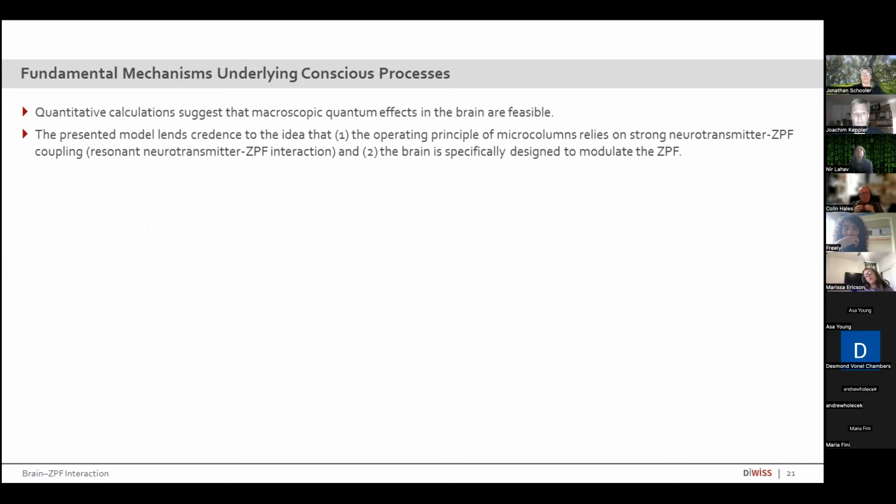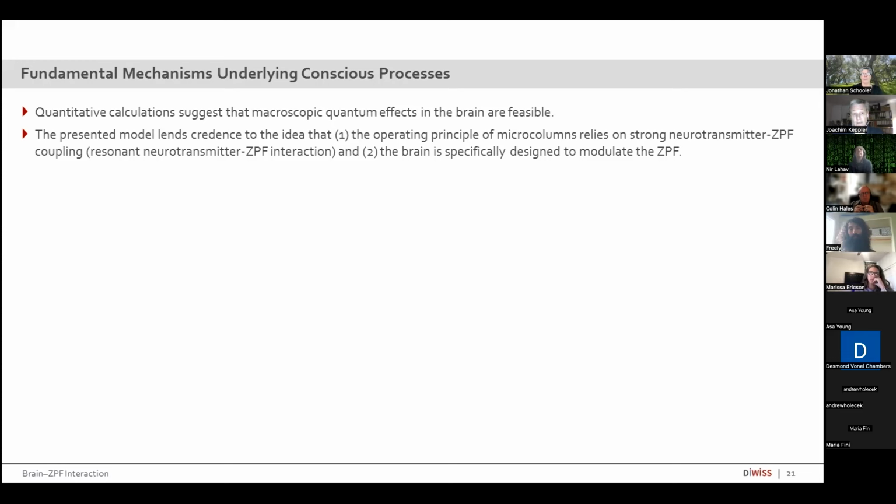The presented model lends support or credence to the idea that the operating principle of these basic building blocks of the cortex, of these microcolumns, relies on strong neurotransmitter zero-point field coupling, so on resonant neurotransmitter zero-point field interaction.